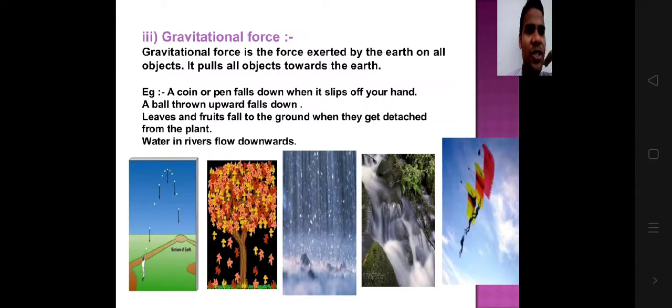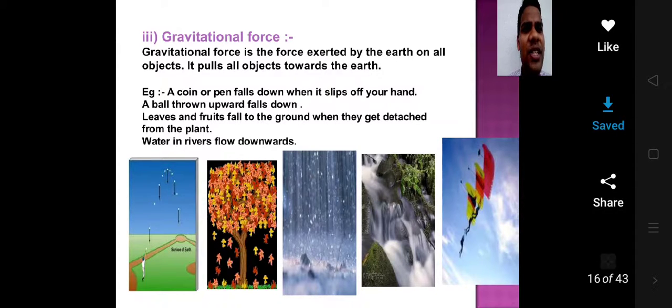Gravitational force is always an attractive force, and as we have discussed, force involves interaction of two objects. So the heavier object tends to attract the lighter object. In gravitational force, one object is heavier and the other is lighter. If one is heavier, it will attract the lighter. For example, compared to earth, we are all very tiny.